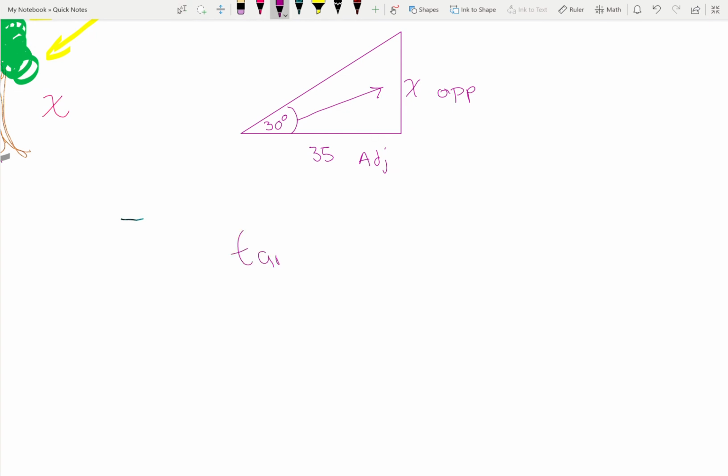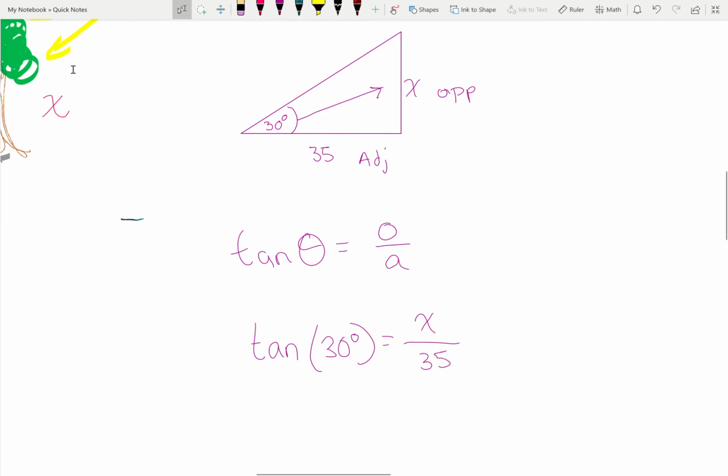All right, so we have tan theta equals opposite over adjacent. But we know what theta is, right? We have tan of 30 degrees. Opposite is equal to x, and adjacent length is 35. So how do we solve for x?